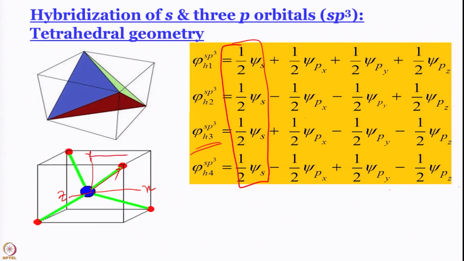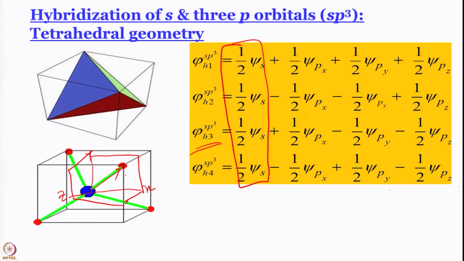Actually, you can think of this smaller cube within cube. This is a cube, not a cuboid. Okay. Smaller cube within cube, the body diagonal of that smaller cube, that is your hybrid orbital. And equal contribution of x, y, z ensures that it is there.